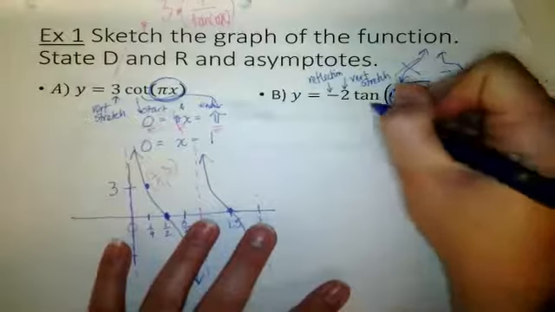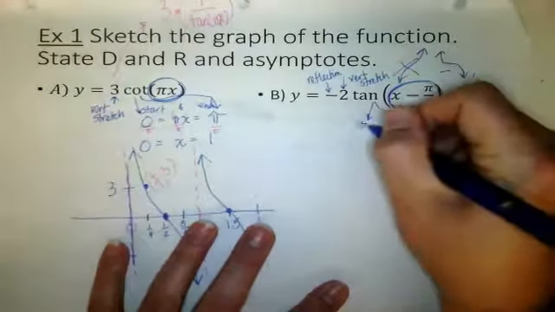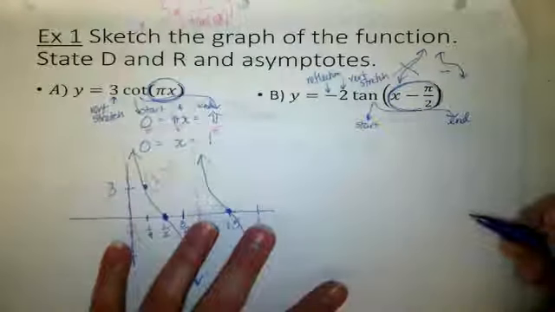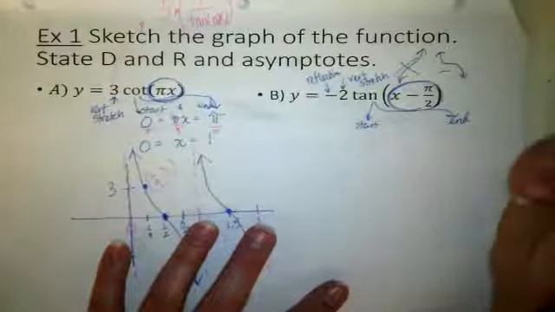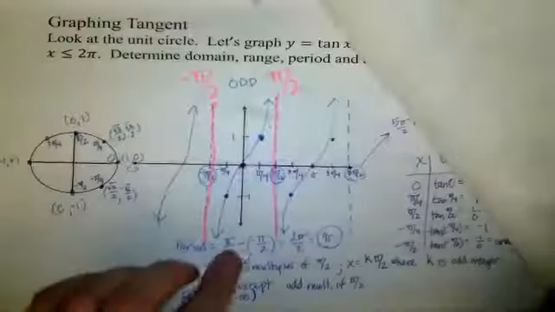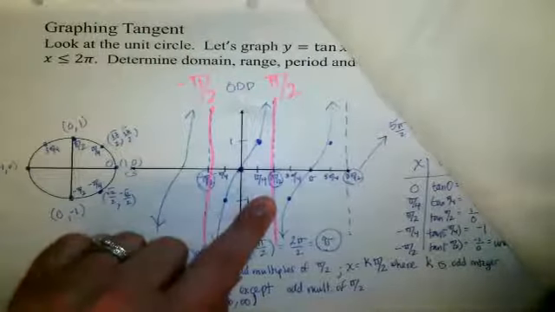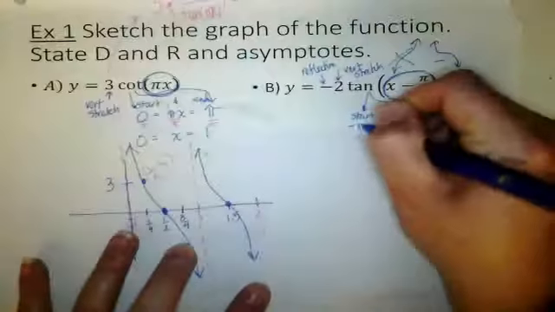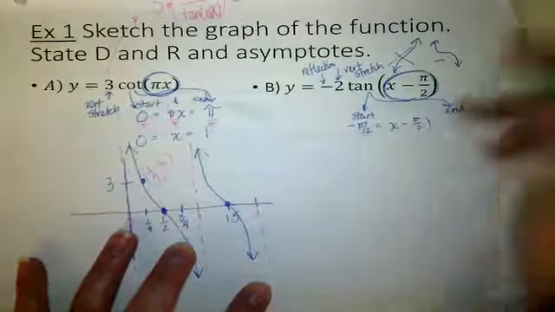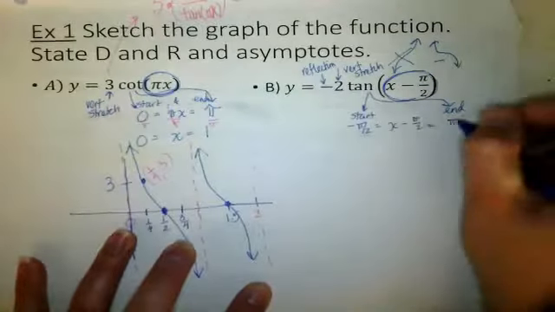Again, we have all these changes with x. So we need to know where tangent's starting and ending asymptotes were. Which were the good ones to remember for tangent? So we go back to tangent, negative pi over 2 and pi over 2. It's got all this stuff in here, with x and pi over 2.